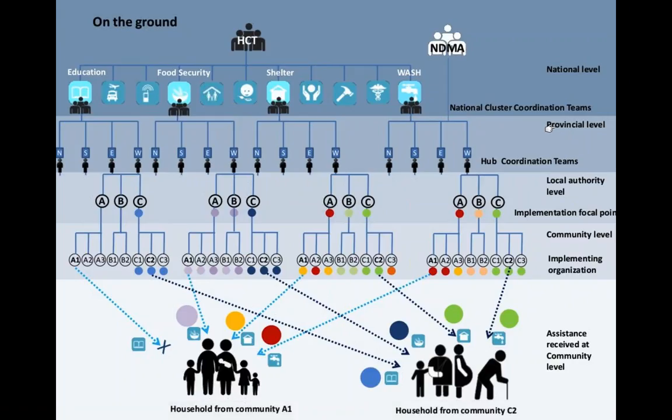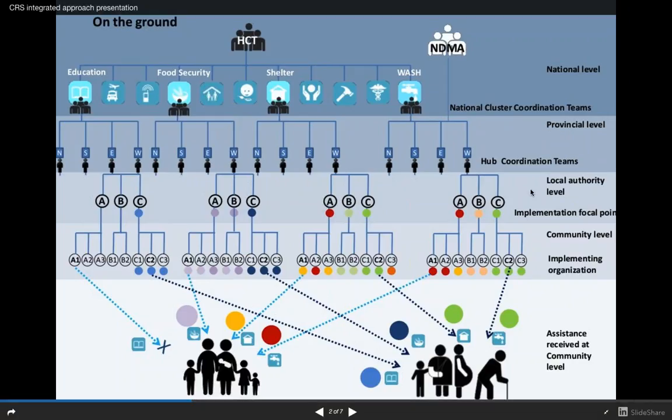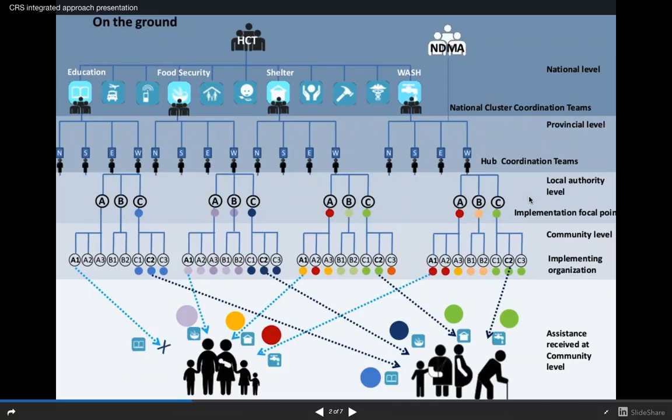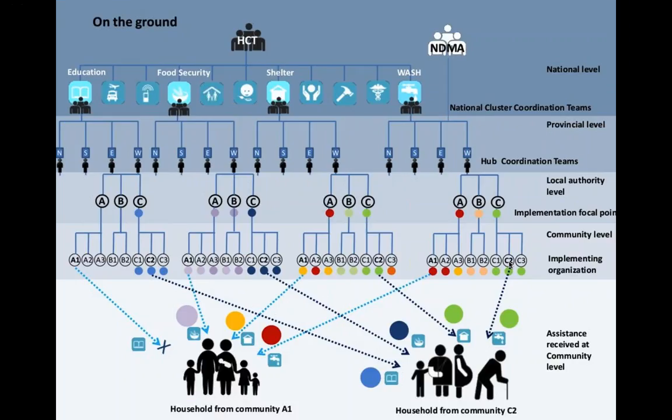And then if you go down to local authority level, the different colors, the green and pink and orange and blue, they represent, say, NGOs, for example. They could be national or international NGOs. And if you go down from C into C1 and C2 on the right-hand side, C1 and C2 would be local community level, for example.